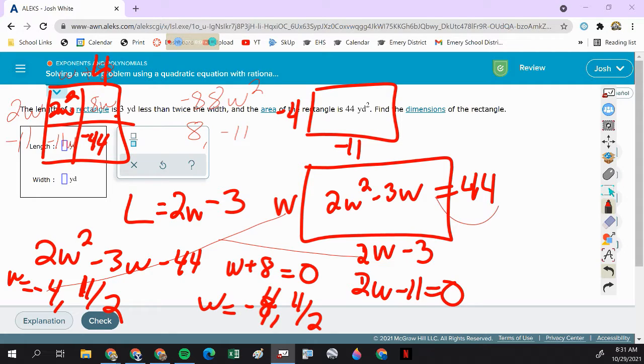That doesn't make any sense. So we throw away the negative, and we get 11 halves. So this is 5.5, and then we stick 5.5 in there, and we get 11 minus 3, which is 8. So the width is 5.5, and the length is 8.